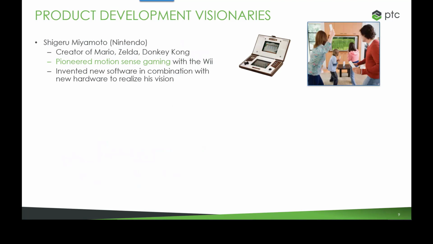Someone else who's maybe not as famous, but someone who I admire greatly because he makes games that I like, is Shigeru Miyamoto. And he has always had the vision of integrated design. He created Mario, Zelda, Donkey Kong, and the handheld device you see there I've got in my loft. That's one of the first games machines I ever had.